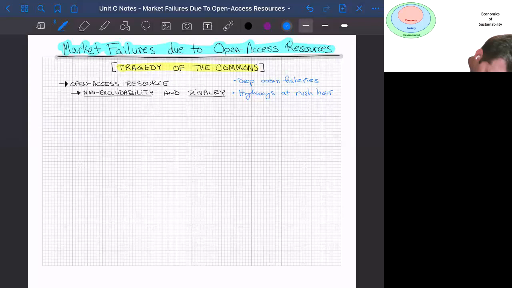You might also think of something like public Wi-Fi with low total bandwidth or throughput availability.